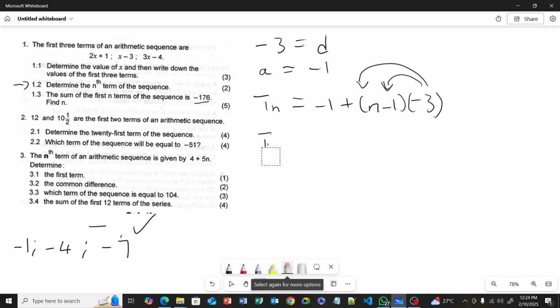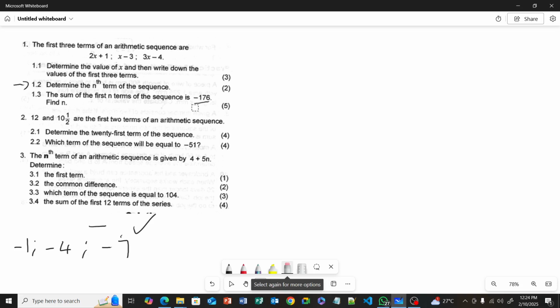So when they say find n, they want you to determine how many terms in this series or sequence are going to give you the number negative 176. So in this case, we need a specific formula to determine the sum of n terms.